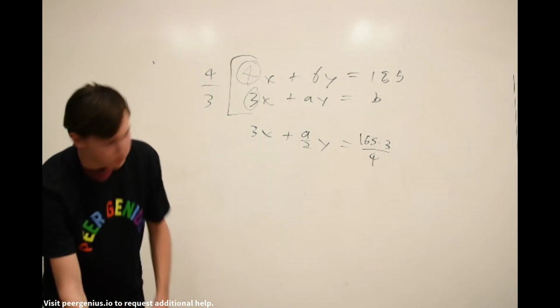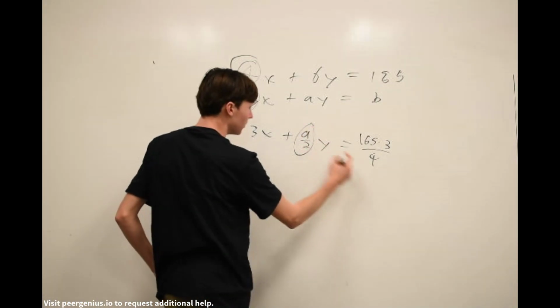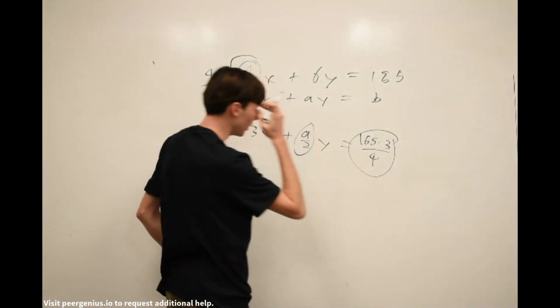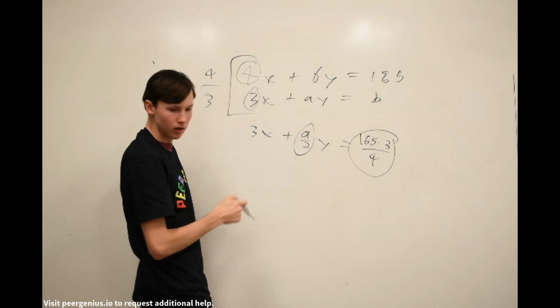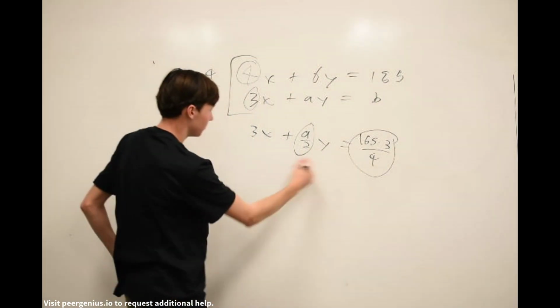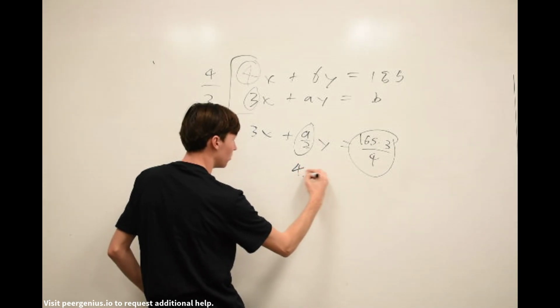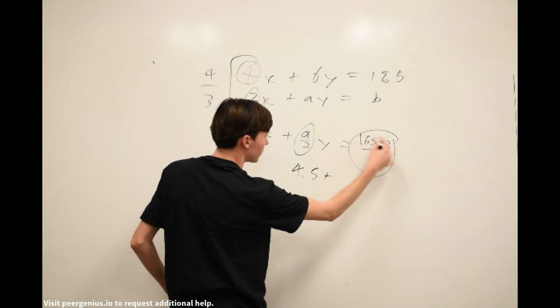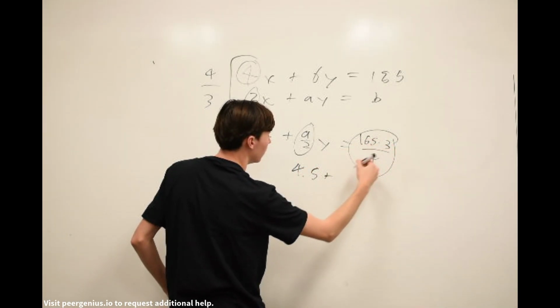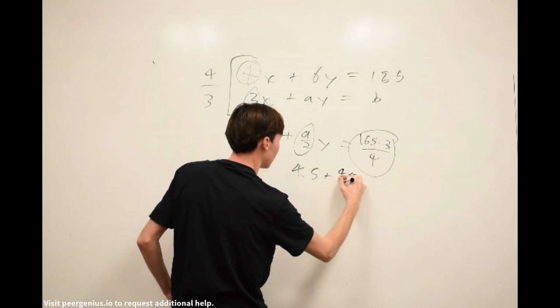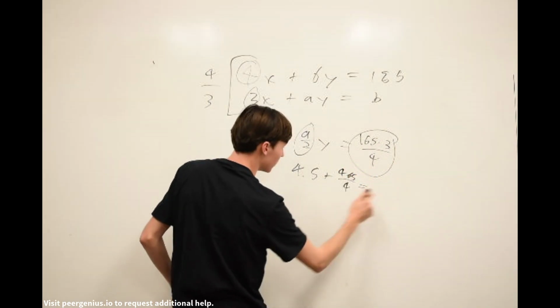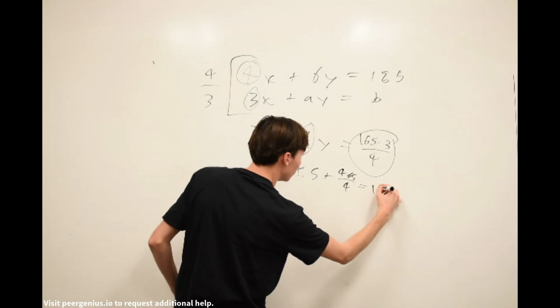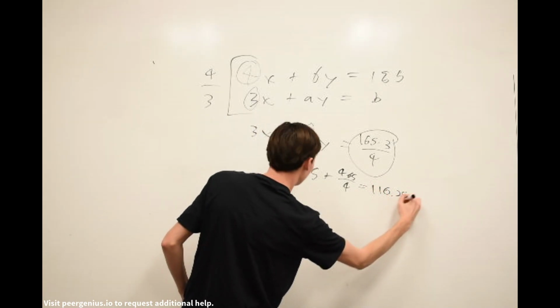And so you have to sum these two values together. Let me just do that. You get 4.5 plus 465 over 4, which is equal to 116.25.